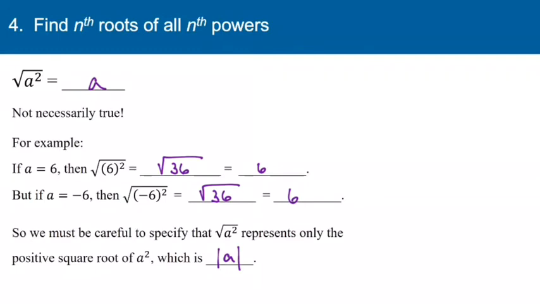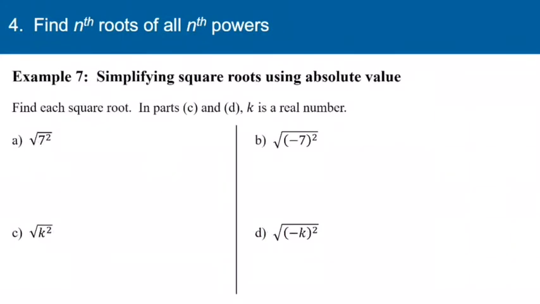Now, a lot of times when you're working radical problems, you'll see instructions that say assume all variables are positive, and that's basically code for don't worry about absolute value bars. But if they don't tell you that all variables represent positive numbers, then you'll have to think about these absolute value bars.